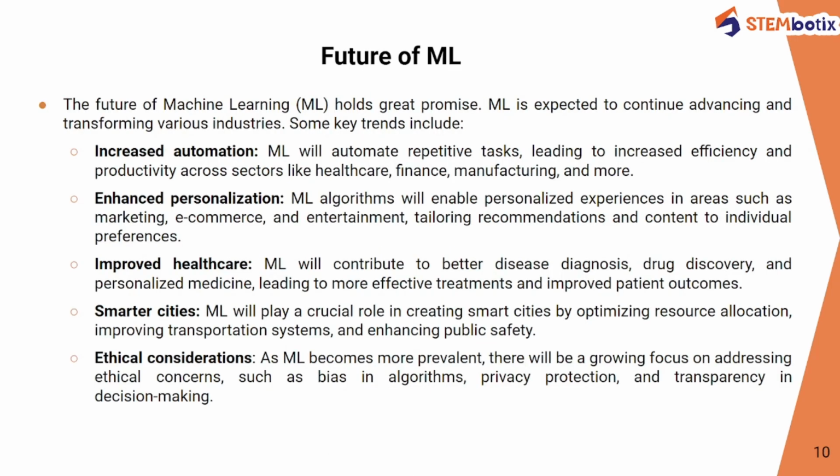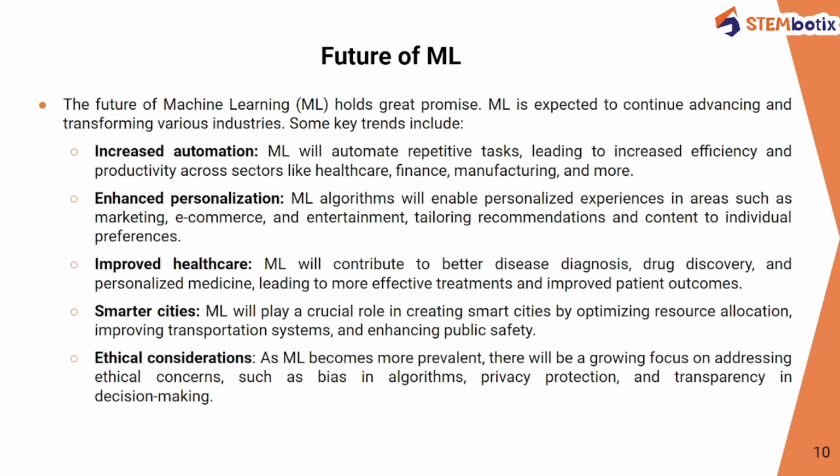Now let us see the future of machine learning. The future of machine learning holds great promise. For example, ML is expected to continue advancing and transforming various industries, and some of them are as under. For example, increased automation.